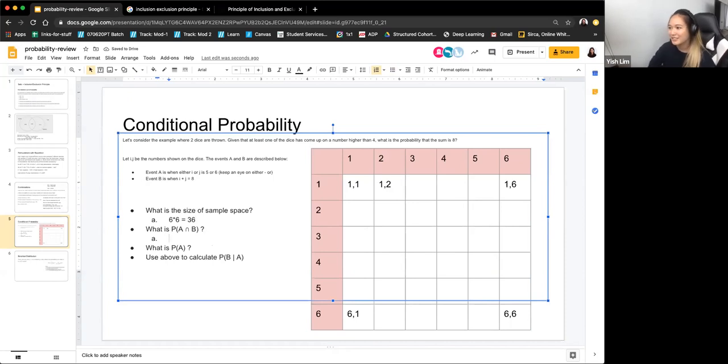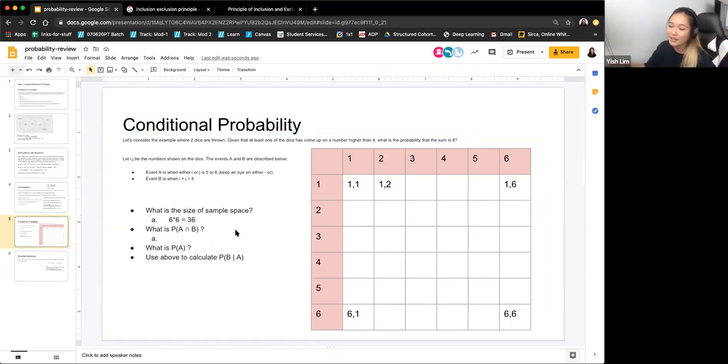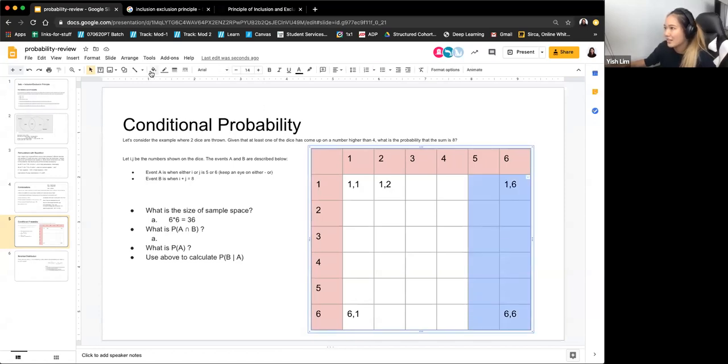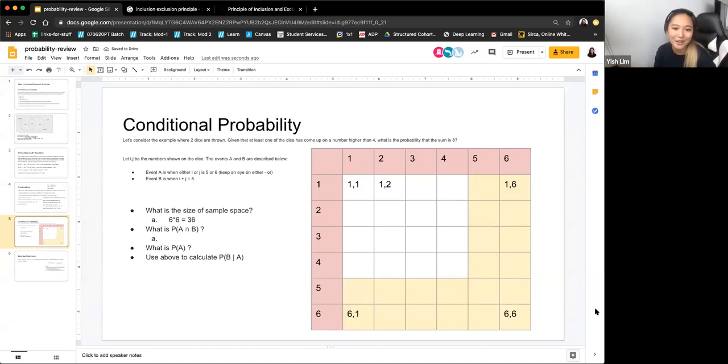I like to look at A and B separately. So let's start with event A. Event A is when either I or J is a 5 or 6. Because I have it set up like this, I see it as: any of these yellow squares are where I or J is 5 or 6.